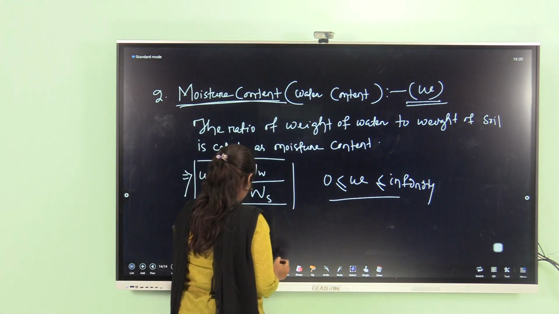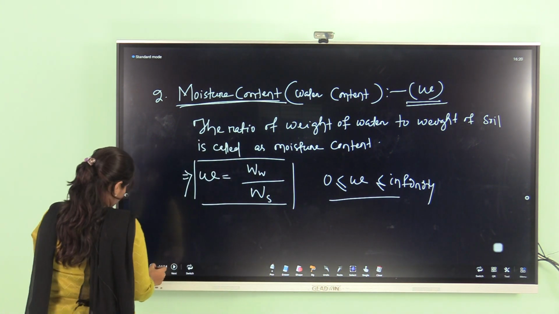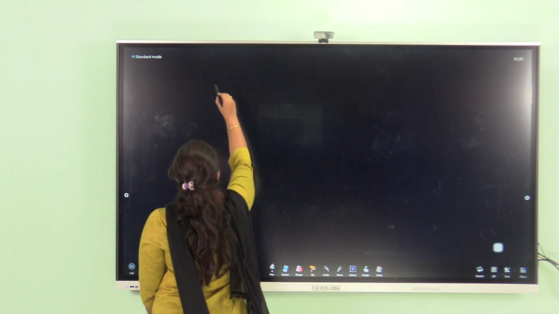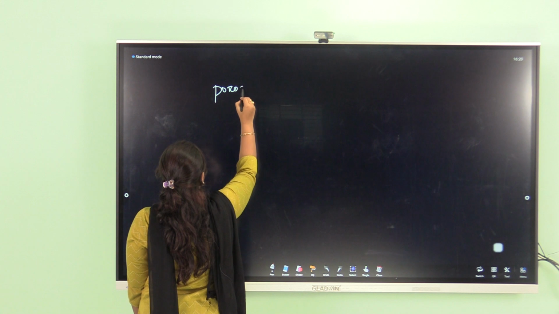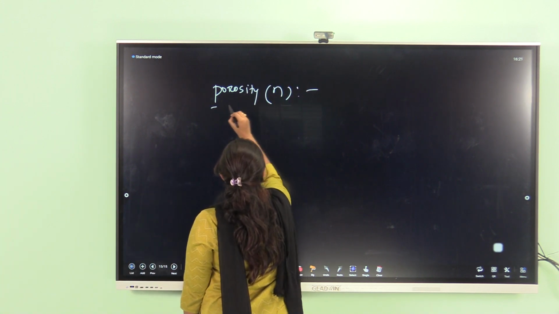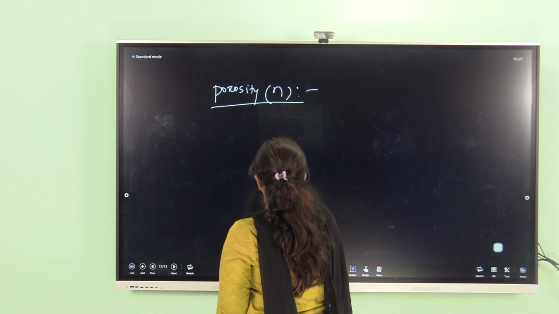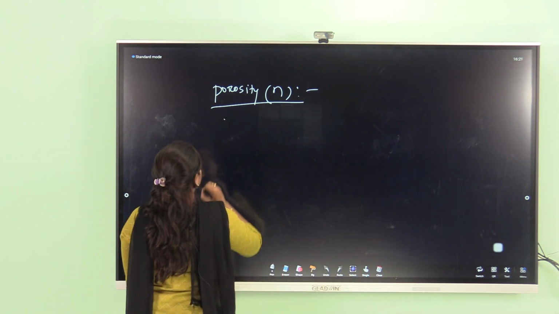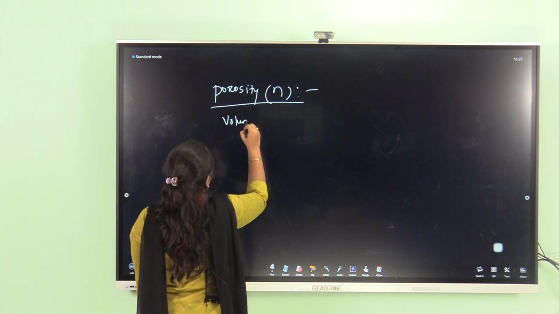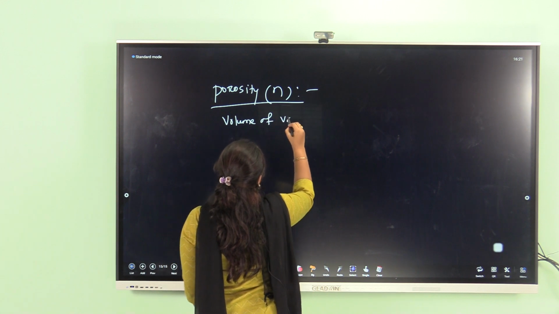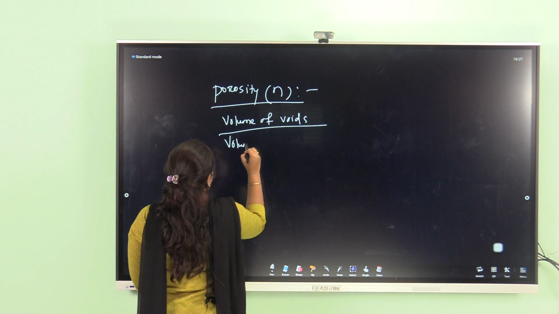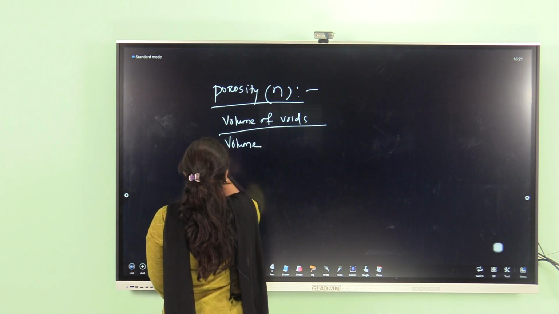Okay. Next we will learn about the term porosity. Symbol is n and the formula for porosity is volume of voids upon total volume.